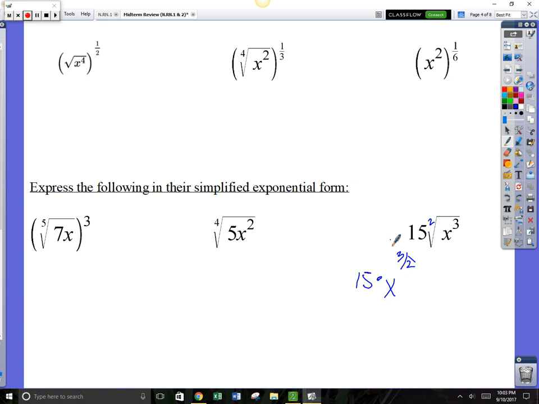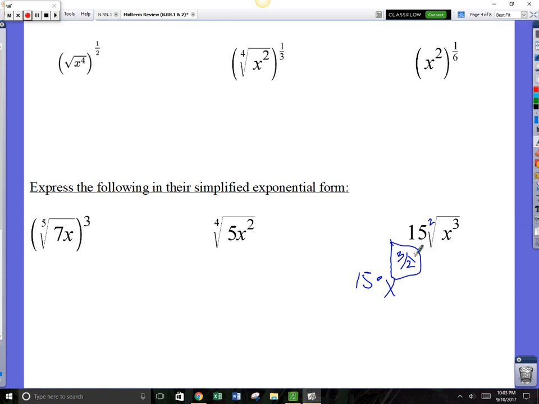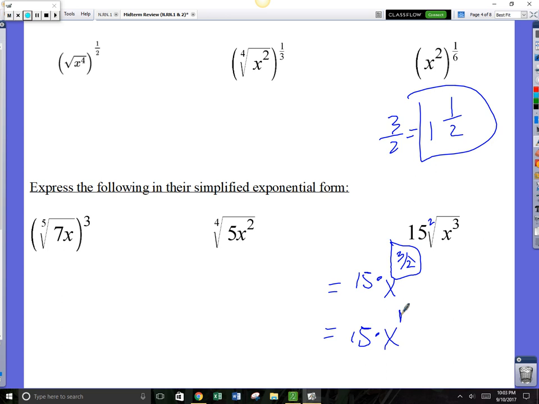So you kind of have an improper fraction here. 3/2 is really like 1 and 1/2. So if you had 1 and 1/2, that would be 15 times x to the 1 times x to the 1/2. So 1 and 1/2 is really 3/2, and this probably would be considered more simplified.